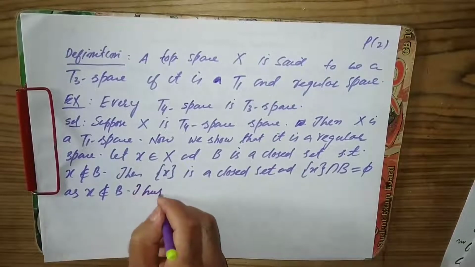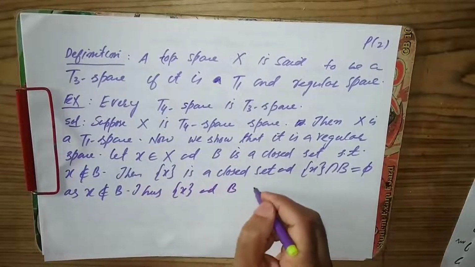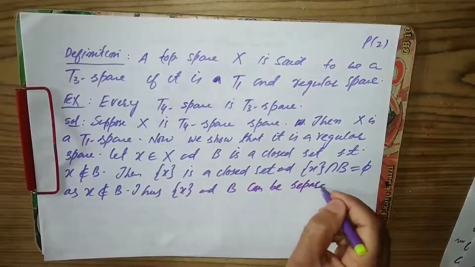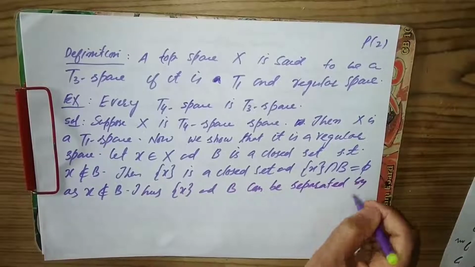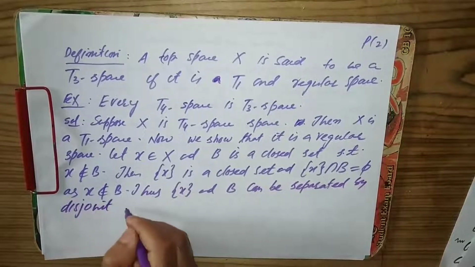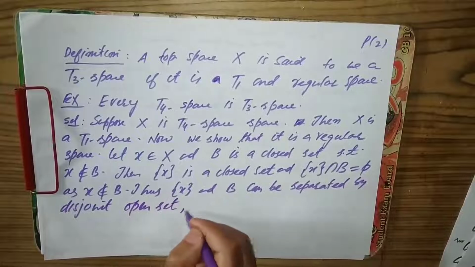Thus, the singleton set {X} and the set B can be separated by disjoint open sets.